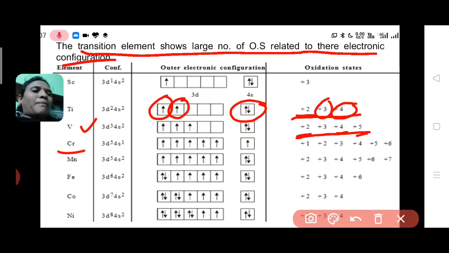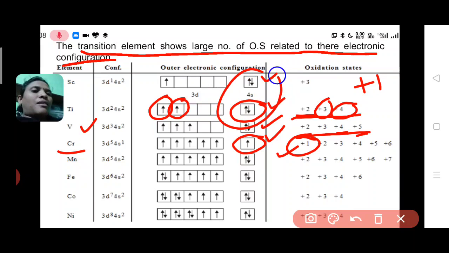Same way for chromium. Chromium has +1 oxidation state also, because there is one unpaired electron in its 4s shell. If chromium can lose 1 electron, it can acquire +1 oxidation state also. But scandium, titanium and vanadium cannot acquire +1 oxidation state. Why? Because there is no single electron in this shell of scandium, titanium and vanadium.